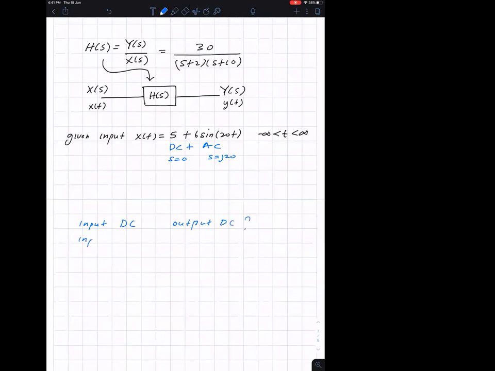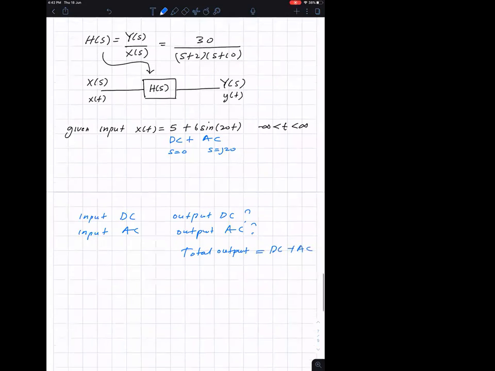Input AC, output AC is what? Once you have found them, you just add them up. Total output is the DC output plus the AC output. That's what we are going to do.